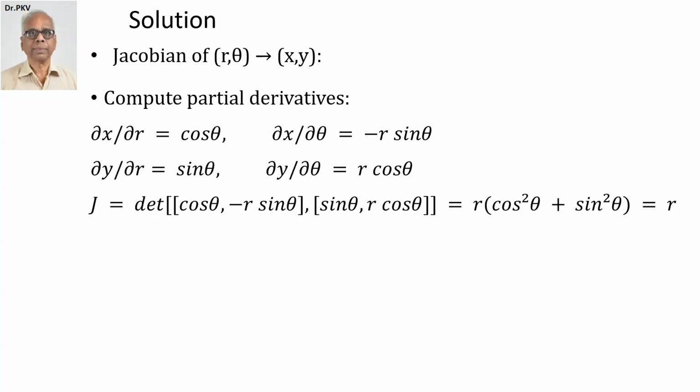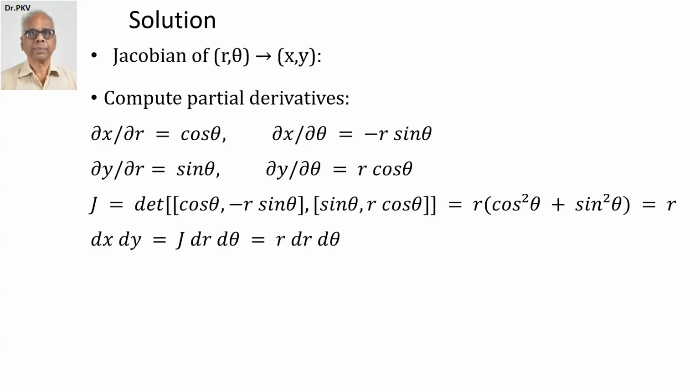When I evaluate the determinant, this will be equal to r times (cos squared theta plus sin squared theta), which is equal to r, because cos squared theta plus sin squared theta is equal to 1. And therefore, dx dy is equal to the Jacobian multiplied by dr d theta, which is equal to r dr d theta.